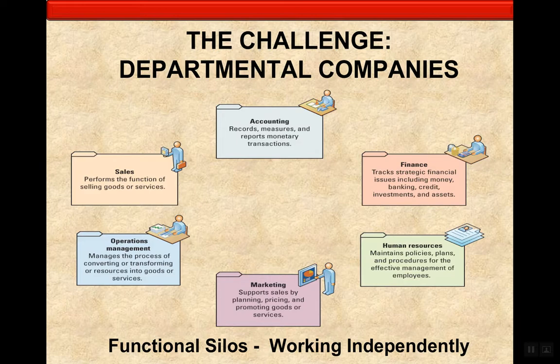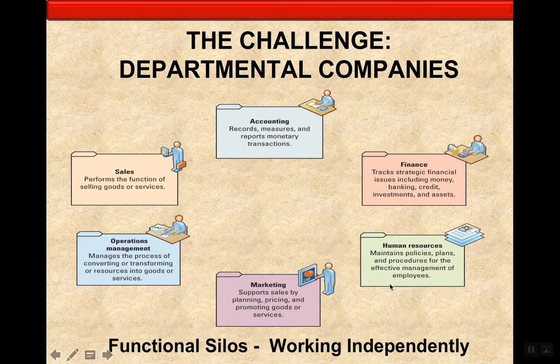The information technology that supported this kind of model was very functionally focused. So the accounting department ran an accounting application. The marketing department ran a marketing support application. The HR department ran an HR system.